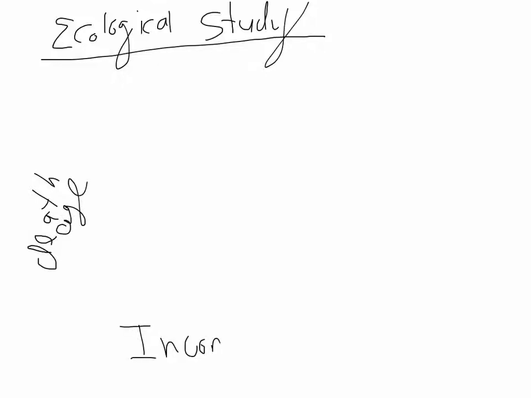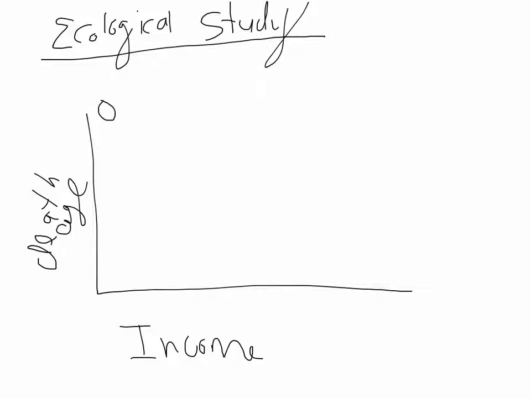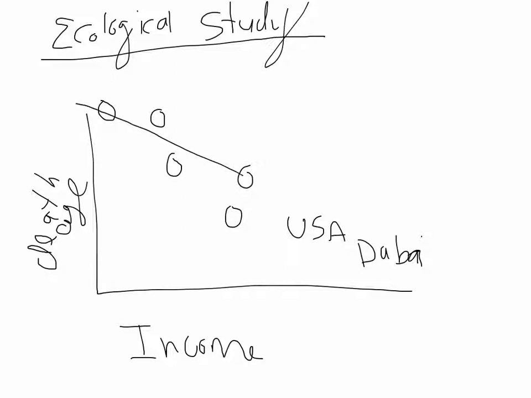And I think the actual variable is childhood mortality versus income, and you find that this country A, country B, country C, country D, the United States is somewhere in here, you got Dubai somewhere around here, and you can draw a clear line that as income increases, the infant mortality rate decreases.